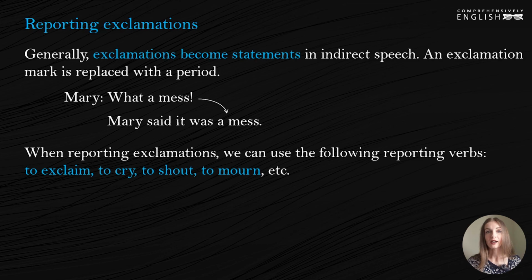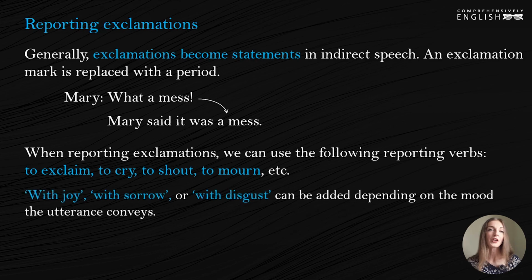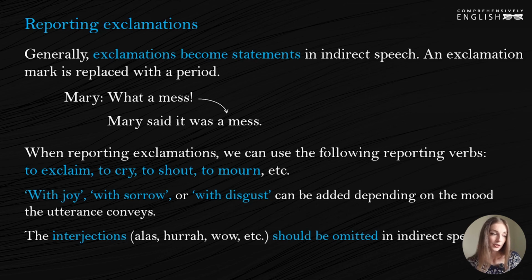We can use other reporting verbs as well when we report exclamations, for example, to exclaim, to cry, to shout, to mourn, etc. We can also add with joy, with sorrow, or with disgust, depending on the mood of the utterance. And the interjections, such as alas, hooray, wow, etc., should be omitted in indirect speech.